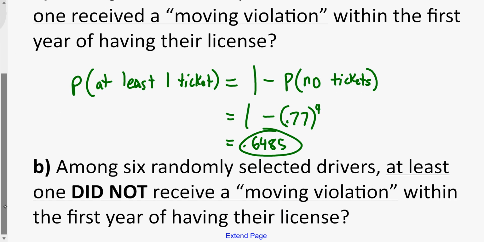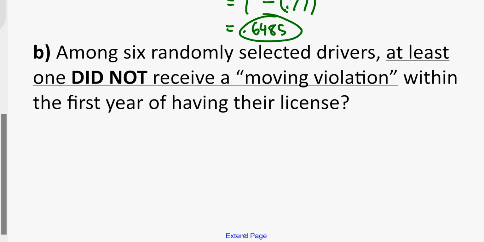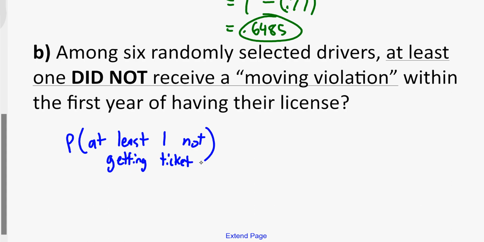One more with that. Find the probability that among 6 randomly selected drivers, at least one did not receive a moving ticket within the first year. Okay, wording like this can throw people off. So again, we're trying to find the probability of at least one not getting a ticket. Which means we'd be doing 1 minus the probability of no one not getting tickets. So that makes you think a little bit.